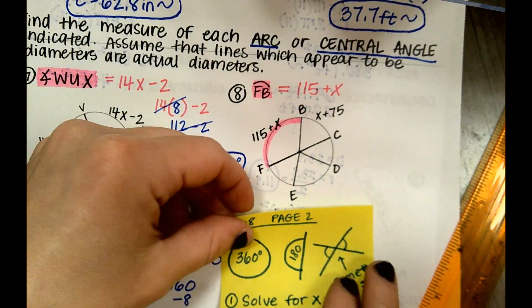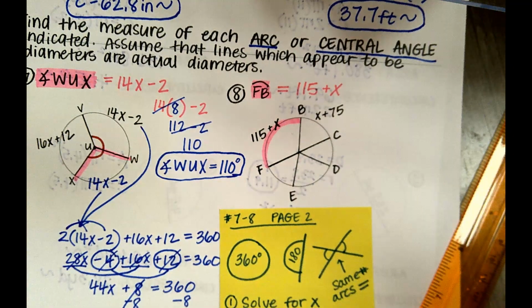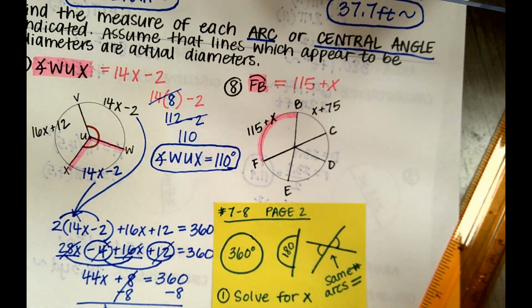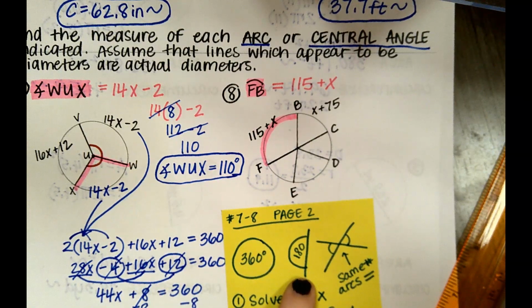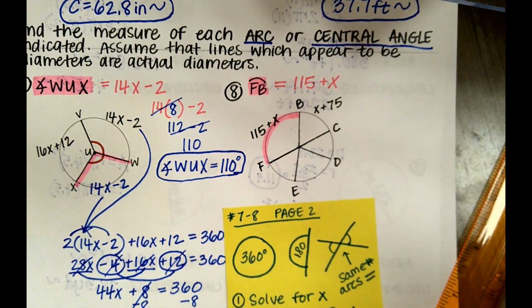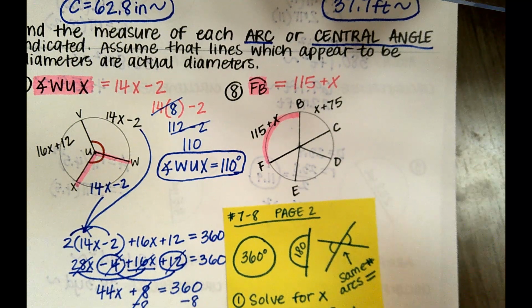This is where this little sticky note will come in handy. Do I have all my angles labeled? No. If I don't have all my angles labeled, we go to the next option. Do I have any diameters? You have a perfect 180. I do. What are the two end points of that?